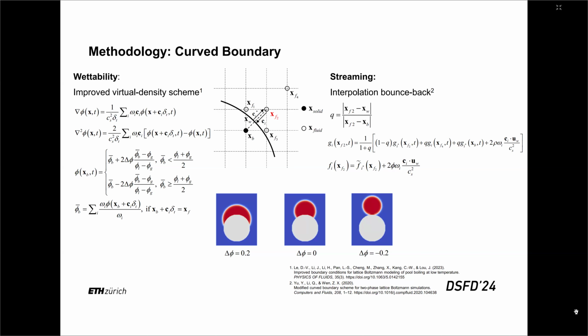Therefore, when we calculate the streaming step at the curved boundaries for the Navier-Stokes equations, we need an interpolation bounce-back scheme. By integrating these two schemes, we can achieve different wettability through different del phi.